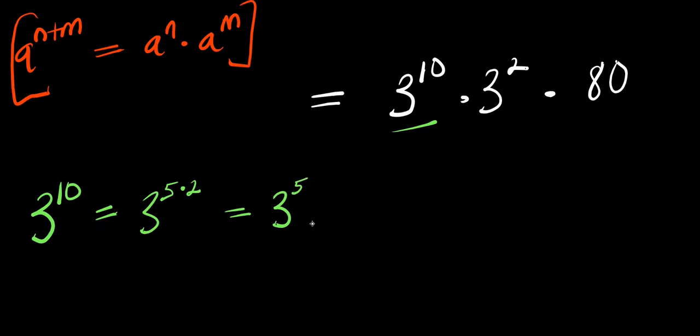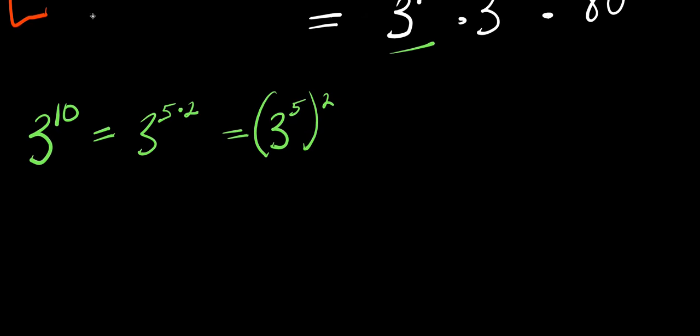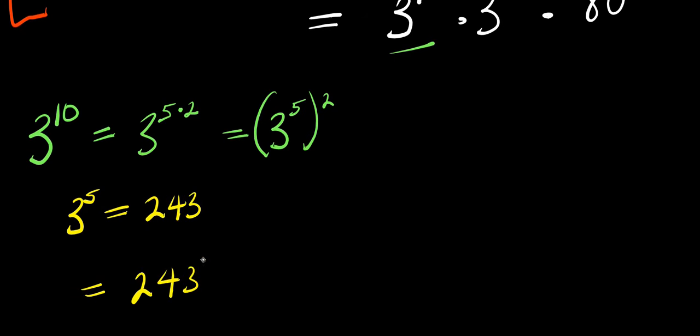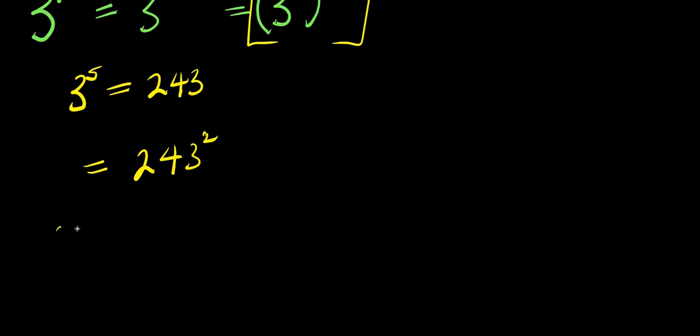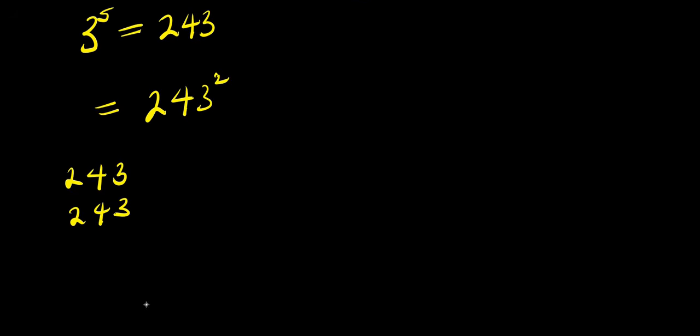And this equals 3 power 5 all power 2. And 3 power 5 is 243. So this will give us 243 power 2, which is 243 times 243. So we need to multiply this out.